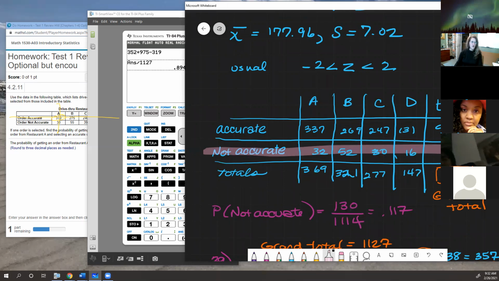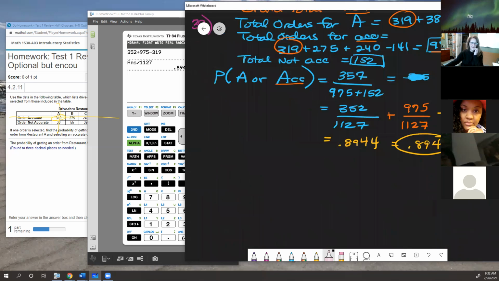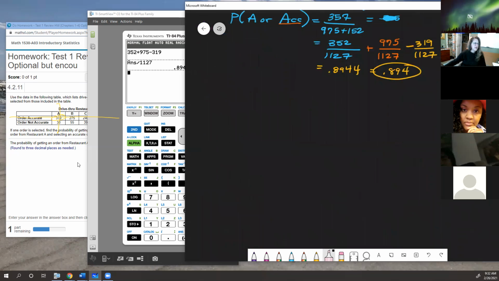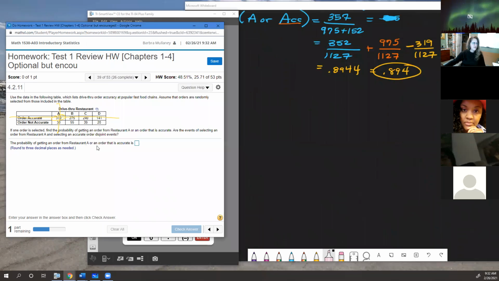But when you have an OR problem and you have a vertical and a horizontal, you're going to want to see where they intersect and then circle the intersection because that's what you have to subtract, the overlap. Okay. So that's 0.894. All right.